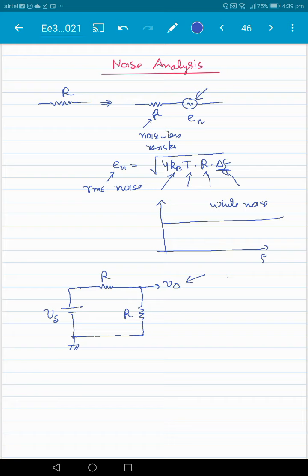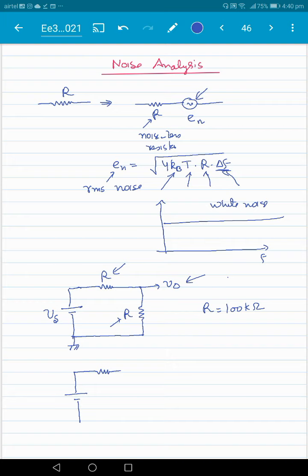As an example, we will take R equal to 100 kilo ohm here. Every resistor that you see here is replaced by an ideal resistor and a noise source in series with it. So let's build up our circuit here.